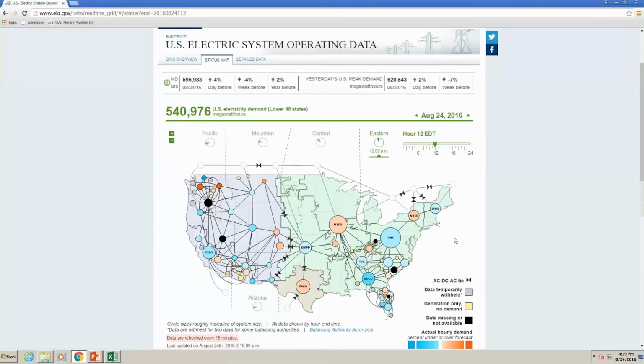And one of the proposals that we're making is to ask or require balancing authorities to report to us their net generation broken down by a set of standard fuel types. So the answer is yes.